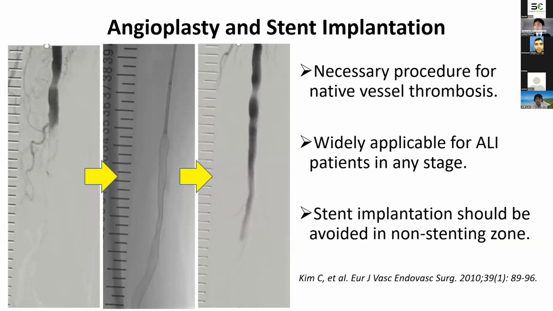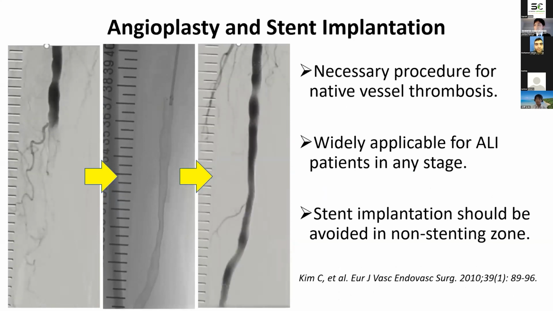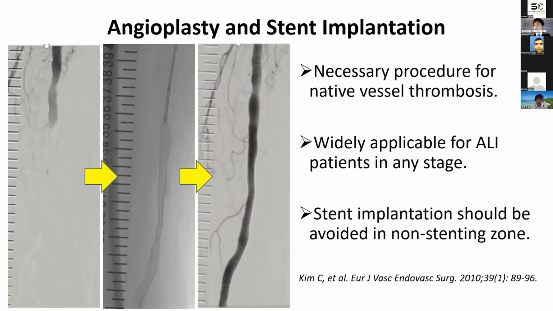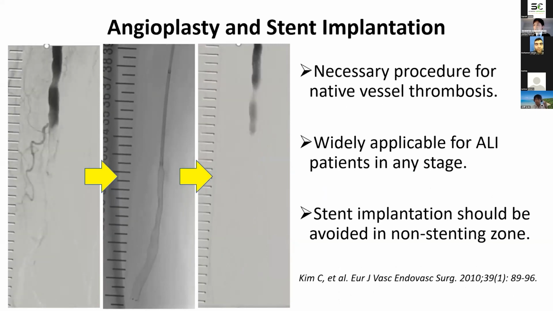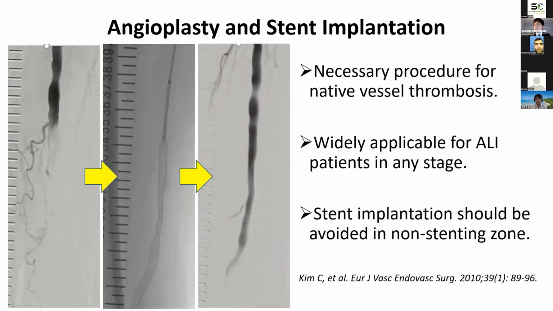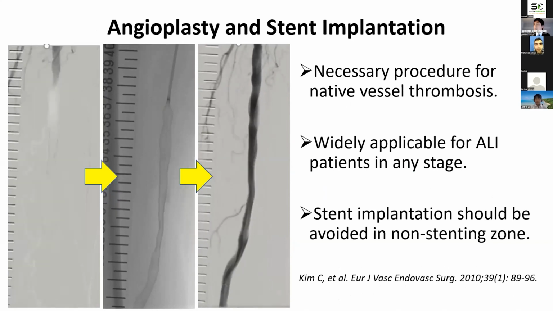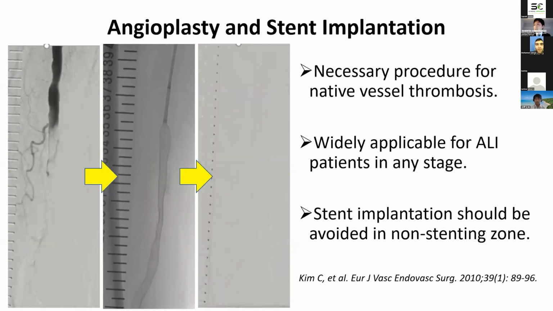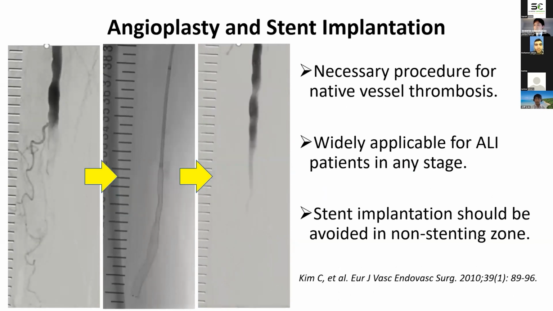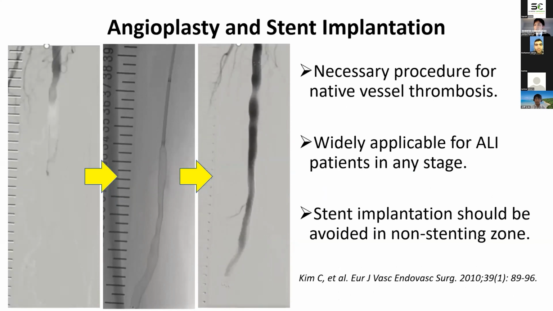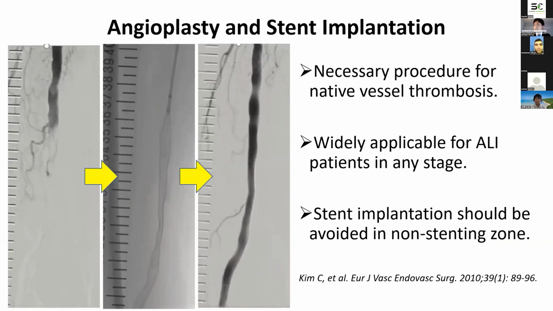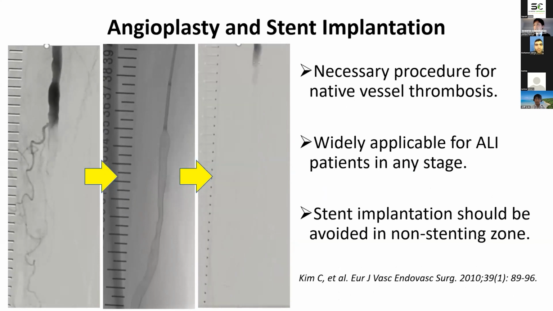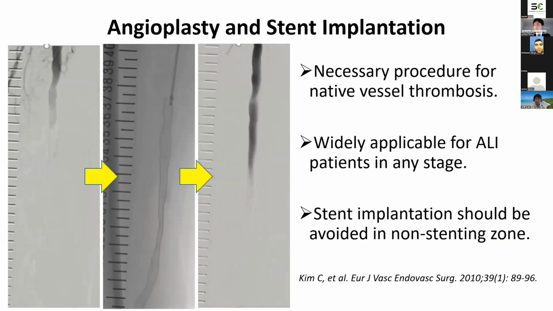Angioplasty and stent implantation is a well-established strategy in chronic artery disease. For ALI, the effectiveness of angioplasty is limited, but it is a mandatory procedure for underlying atherosclerotic lesions. Stent implantation is widely applicable and useful for ALI patients in any stage and any etiology.